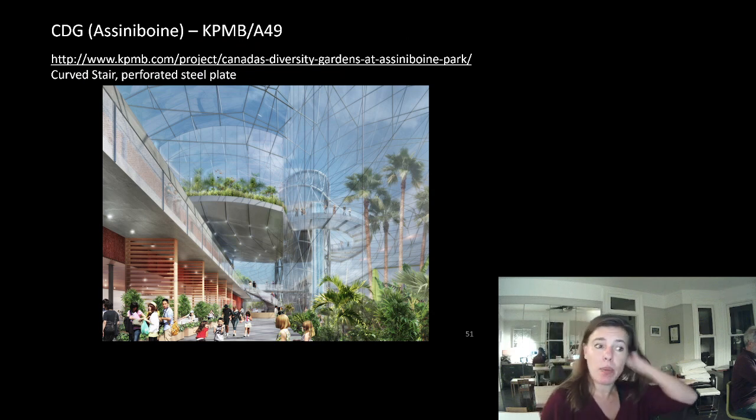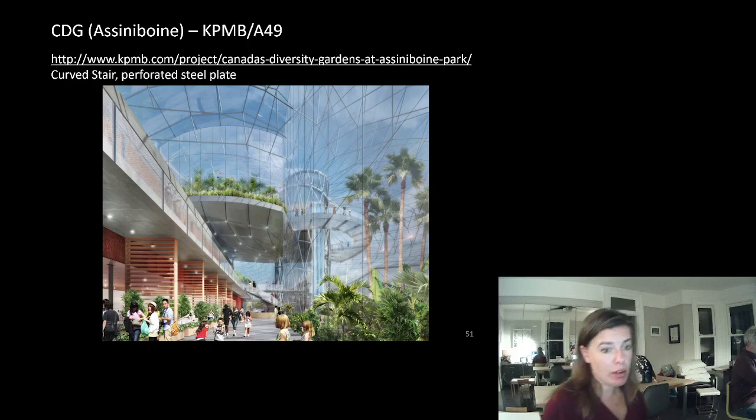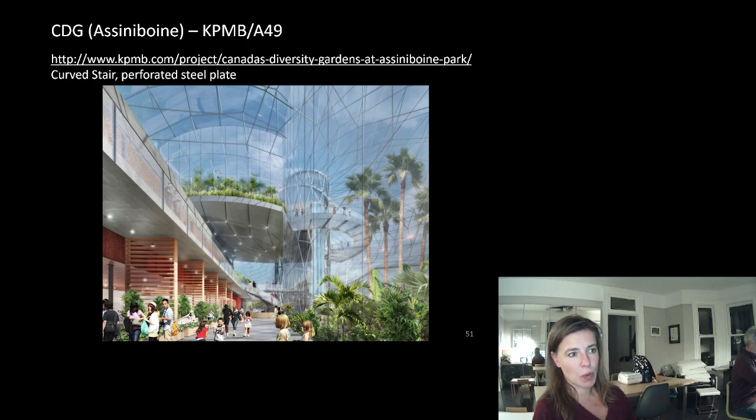All right, Assiniboine. This is another one where bureaucracy can have a big part in governing what we do with our stair. If any of you know who Dieter Jansen is, he's an architect in Toronto. He does work with Diamond and Schmidt, so he actually was the Senate stair. He was featured recently in, is it Canadian Architect?